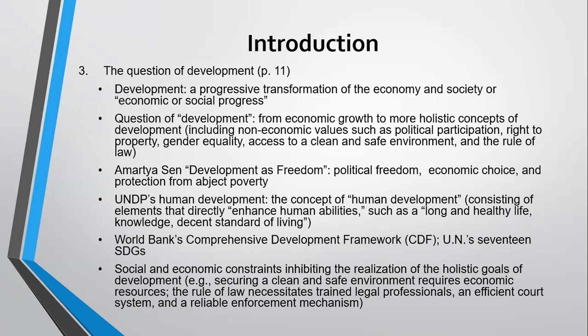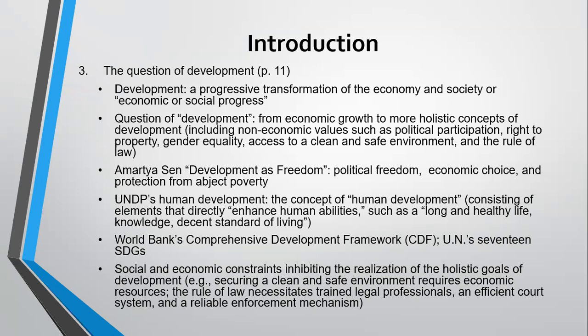This holistic approach has been adopted broadly by others, such as the World Bank's comprehensive development frameworks, and the UN's 17 SDGs also include holistic views of development. But there are social and economic constraints inhibiting the realization of the holistic goals of development. What are those social and economic constraints?